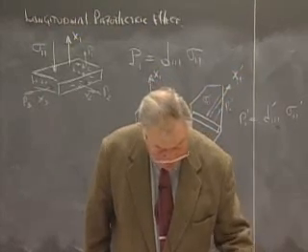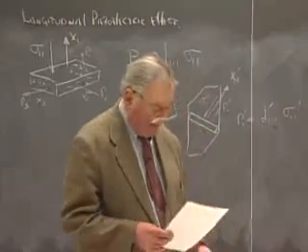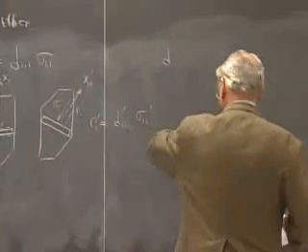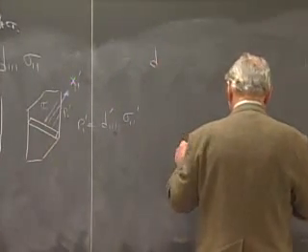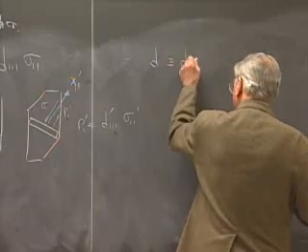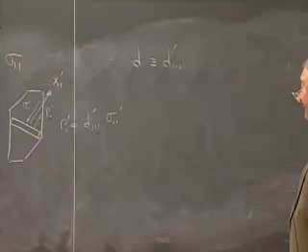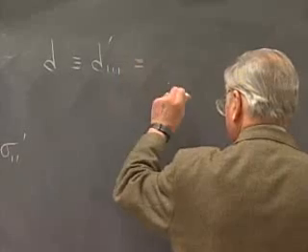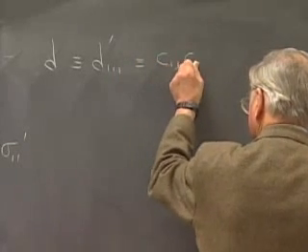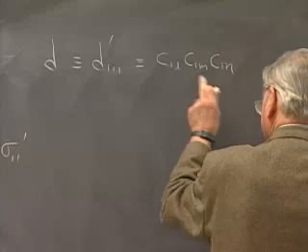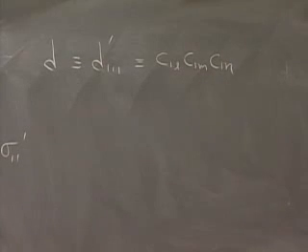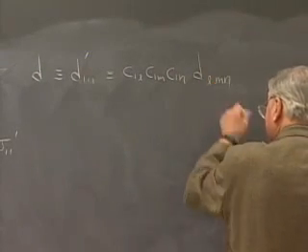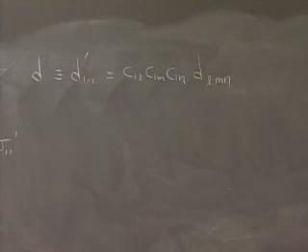Okay, we can change our notation a little bit in that we have a modulus, which I'll define as a scalar modulus D, and that D is going to be D111 prime. And I know how to evaluate that. D111 prime will be C1L, C1M, C1N, where these are direction cosines, times all of the elements in the original tensor, D LMN, the tensor referred to the original coordinate system.